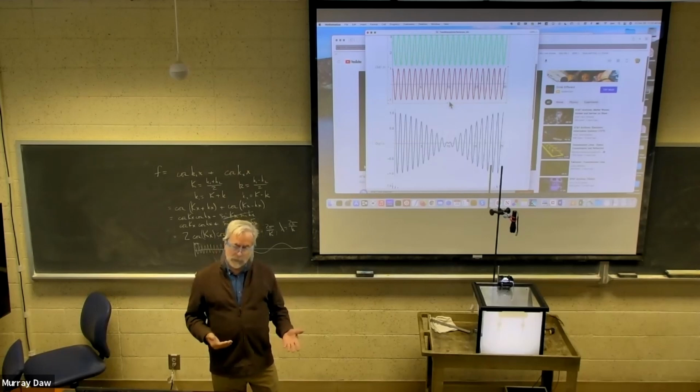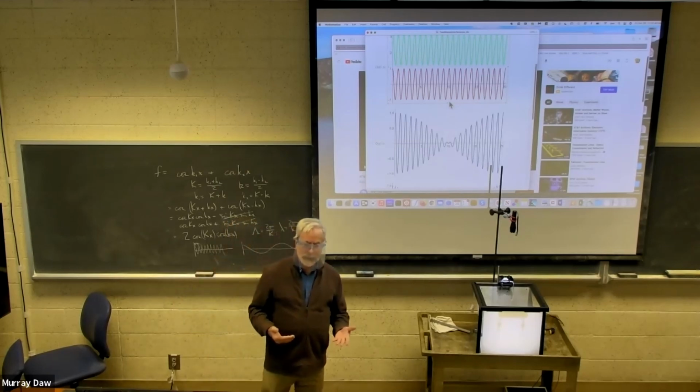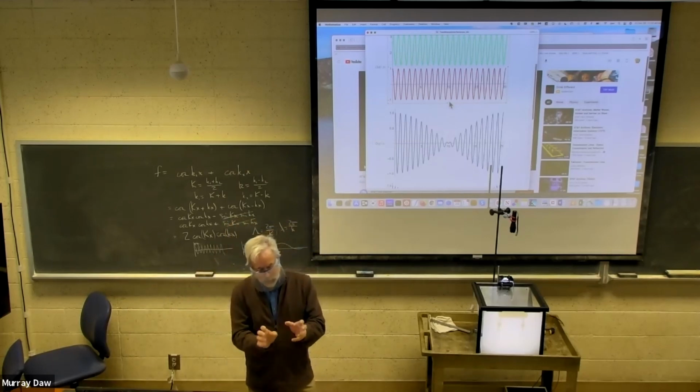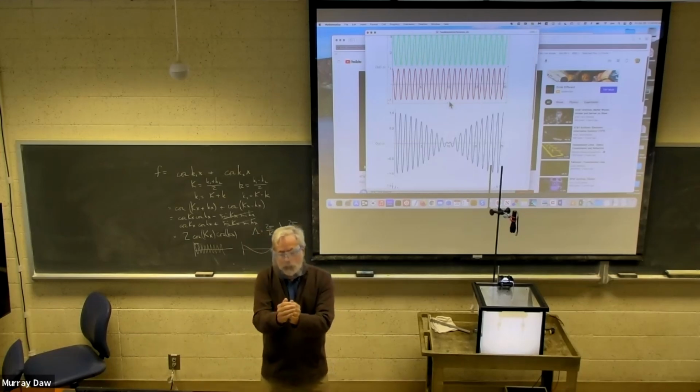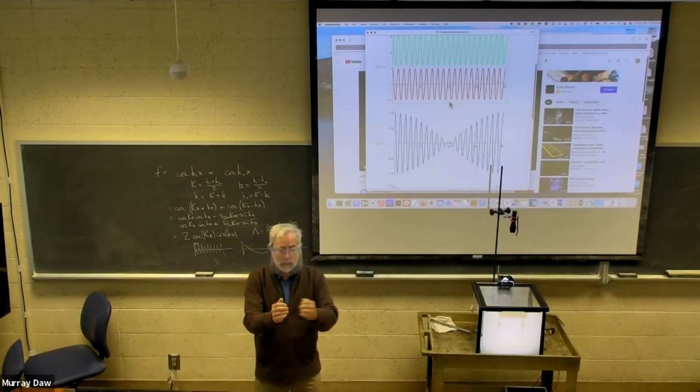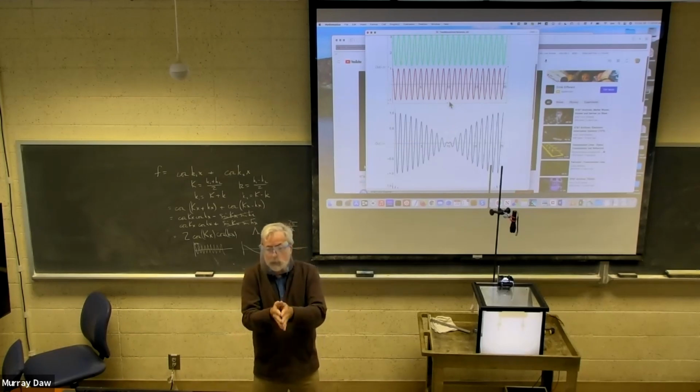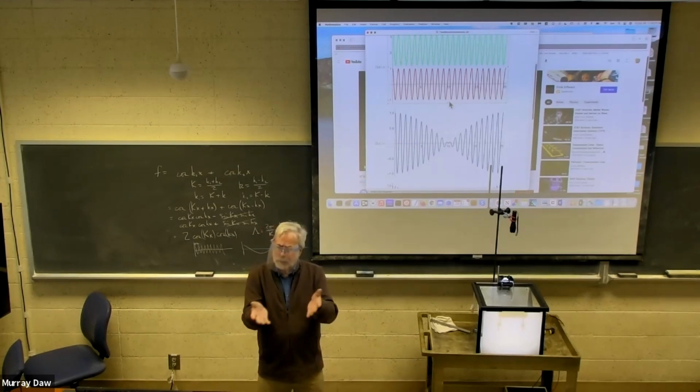Sound superimposes. How do we understand that? Explain that. We have to understand how the air moving around, some part of the air here has a place and an impetus, and it can push on its neighbor and push and pull on neighboring things. And this is done in terms of pressure in the air. Okay, it's interesting.